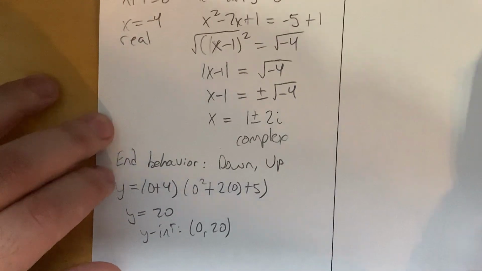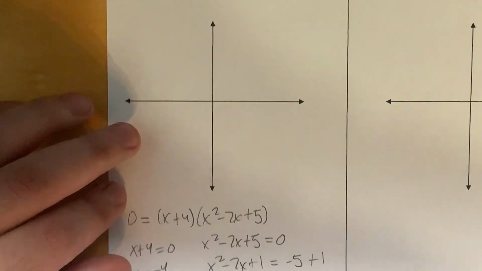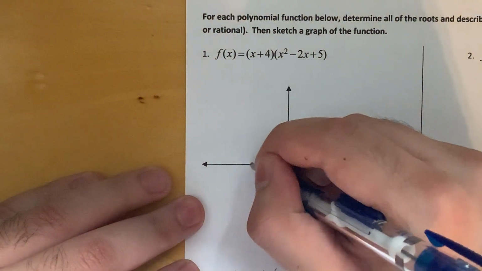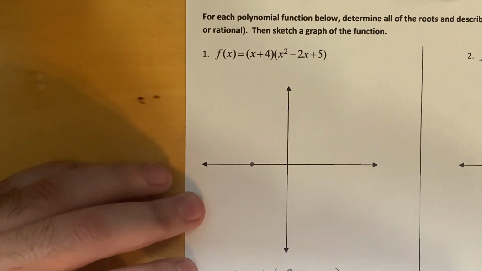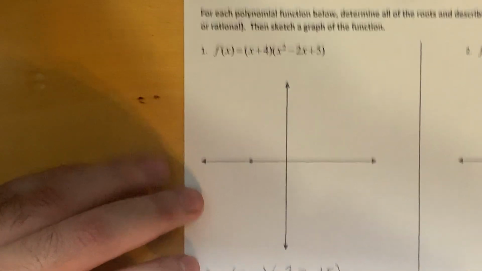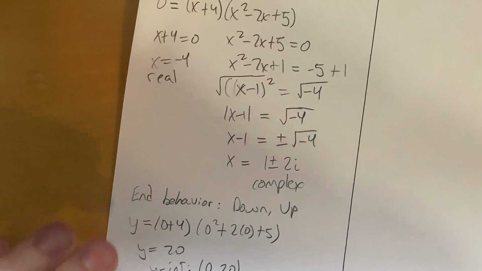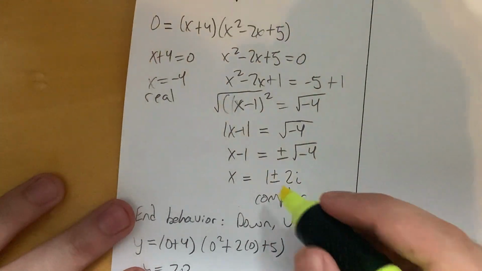So I think we have enough information to sketch the function. I'm going to put negative 4 somewhere over here. I'll label them after I'm done sketching the function. And I'm going to highlight the roots that I have.